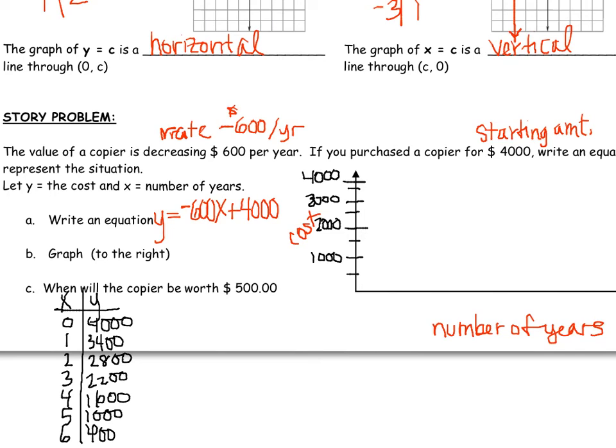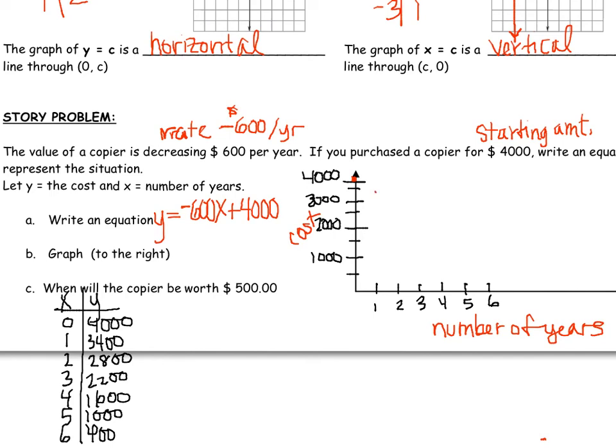And I will put my graph on here. So 0, 4,000 would be right up here. 1, oh, I forgot to put years on. I need some years here. There's 1 year, 2 years, 3 years, 4, 5, 6, and we know after that it's going to go negative, so we'll just stay right there. After 1 year, it's 3,400, which would be right about here.